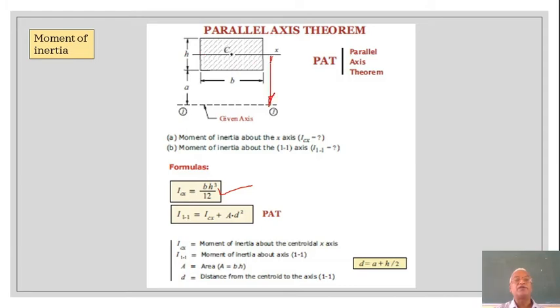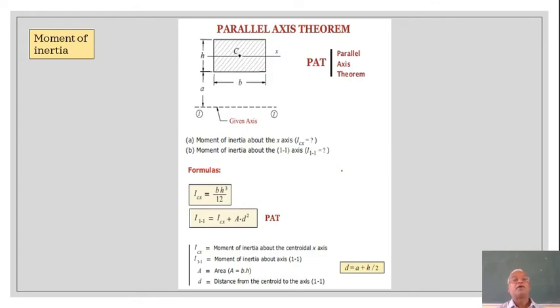The distance between the two axes here, in this case, is a plus h by 2. So d squared, where d is equal to a plus h by 2. So d is nothing but the distance from the centroidal axis to the required axis. That's how the parallel axis theorem goes. A similar application is over here, it is exactly the same slide, I believe.